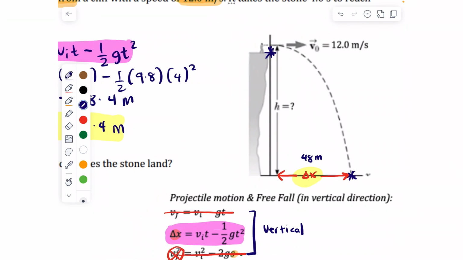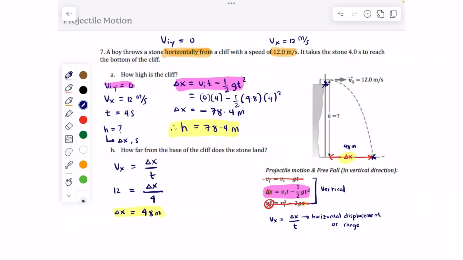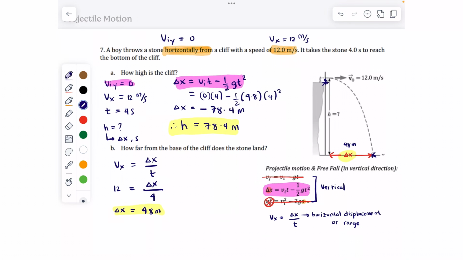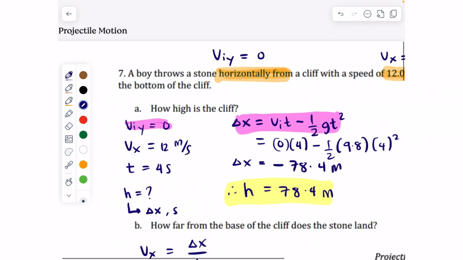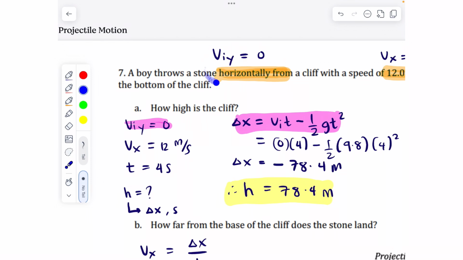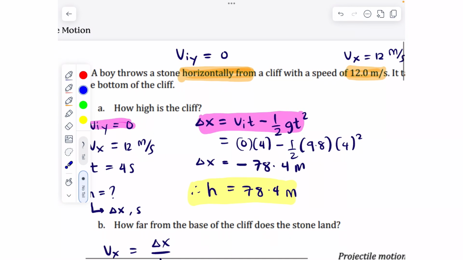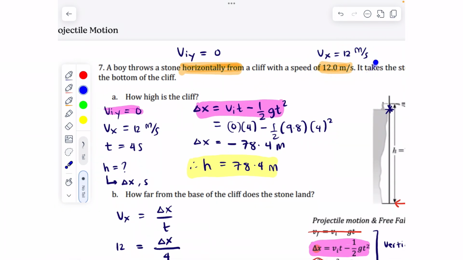meters. So once again, it is very important that if we are dealing with projectile motion and the object is thrown horizontally, that means the initial vertical velocity of the projectile is 0 and the velocity that is going to be given to you is actually your horizontal velocity.